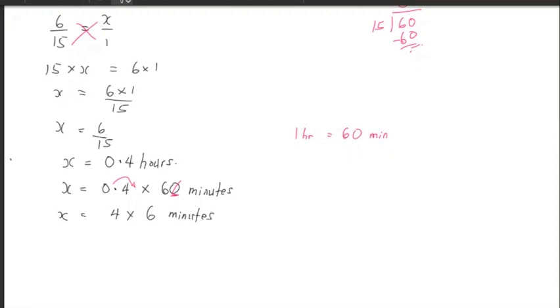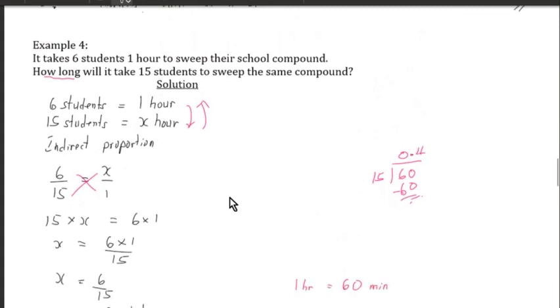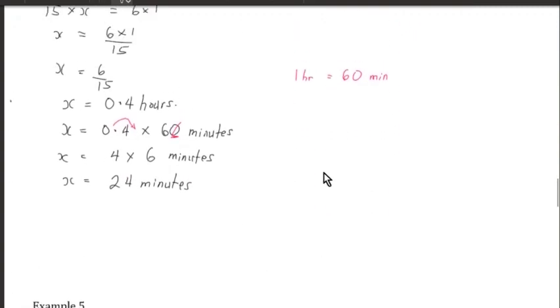And that will give me 24 minutes. Any convenient way of multiplying 0.4 times 60 will get you the answer. So that means 15 students will sweep the compound in 24 minutes.